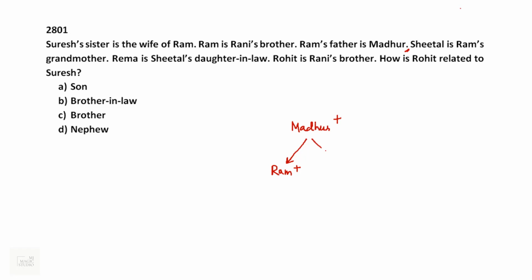That means Ram is male. And Rani, we don't know about Rani, male or female, because it's given Ram is Rani's brother. Now Suresh's sister is wife of Ram. Wife, brother is Suresh.